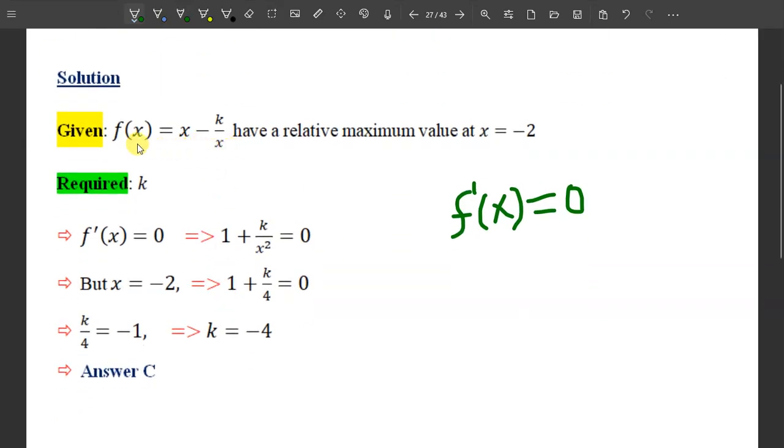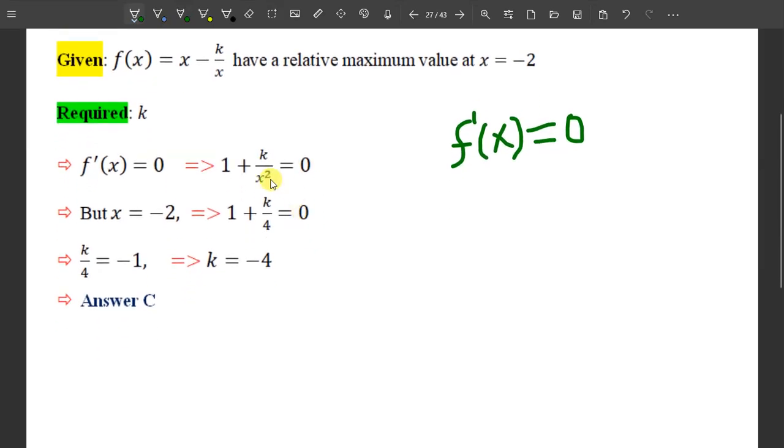The derivative of f of x equals x minus k over x becomes 1 plus k over x squared, because k over x, when differentiated, becomes minus k over x squared, and multiplied by minus 1 becomes plus k over x squared. Then 1 plus k over x squared is equal to 0.